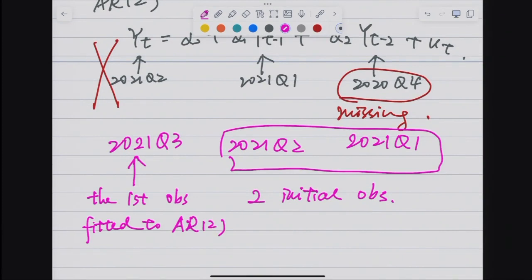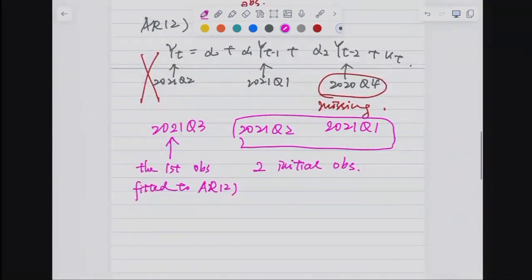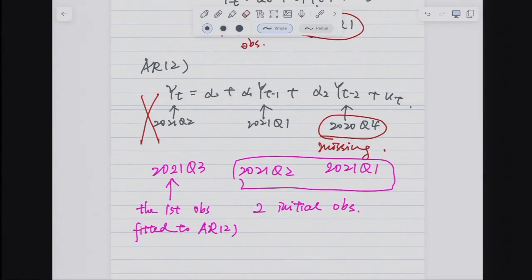So essentially, AR1 implies you need to set 1 initial observation aside. AR2, you need to set 2. For AR3, 3; AR4, 4; AR5, 5; ARP, P. In this case, 8 total observations and 2 initial observations means we only have 6 effective observations to be fitted to an AR2.